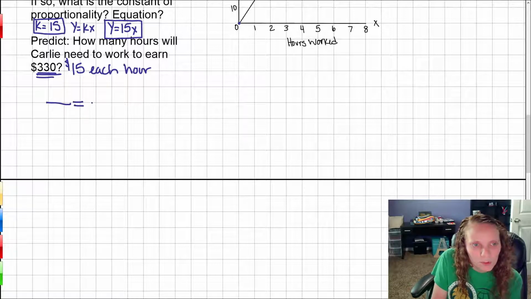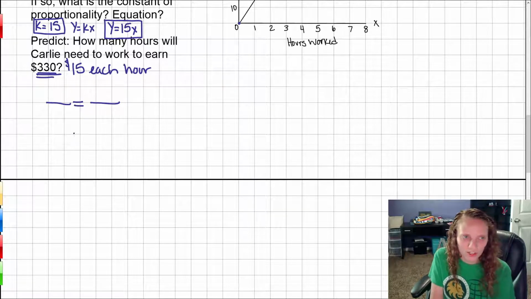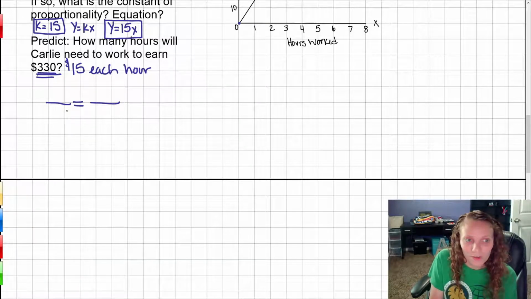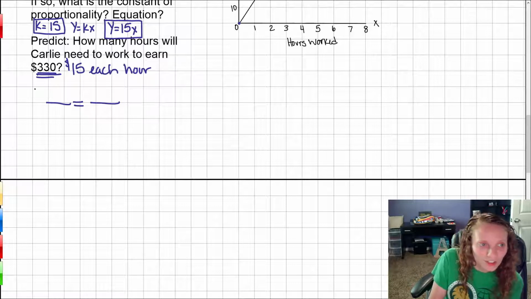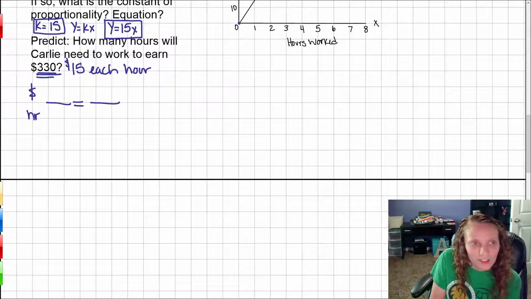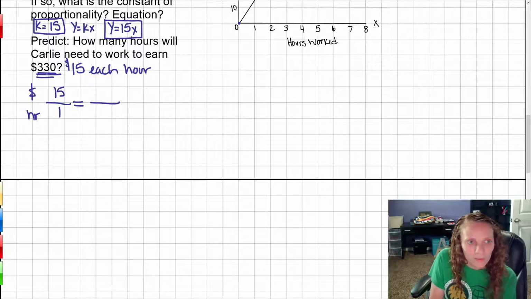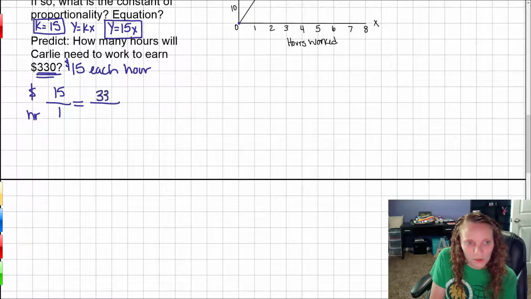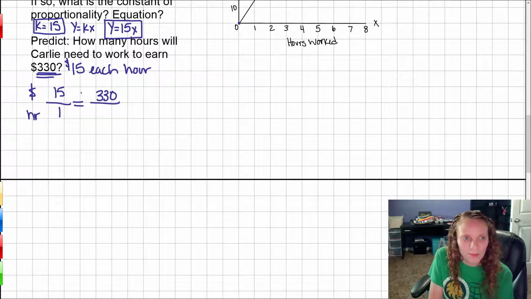Since this is a proportional relationship, we can set a proportion up. And the unit rate, or the slope, or the constant of proportionality, I'm going to throw into the first fraction. I'm going to do money and hours. And we know that she earns $15 for each hour, or 1 hour. And then she wants to make $330. So I'm going to put 330 across from the money.